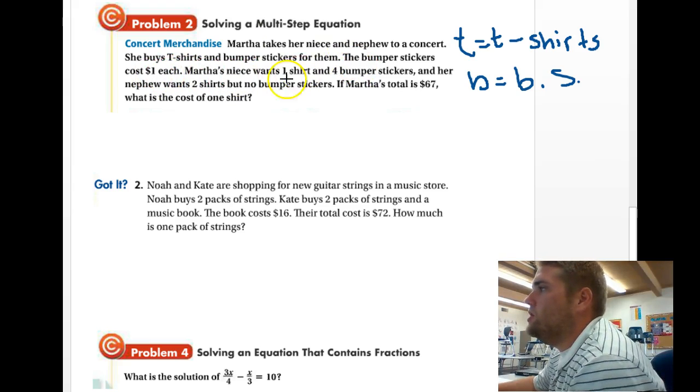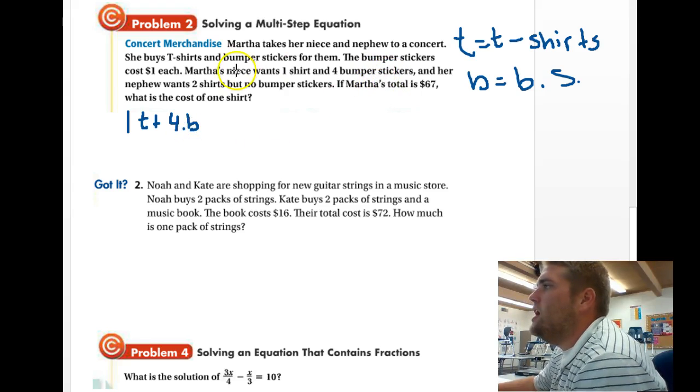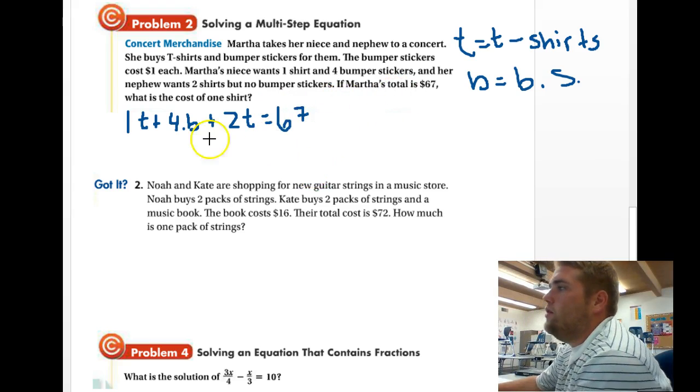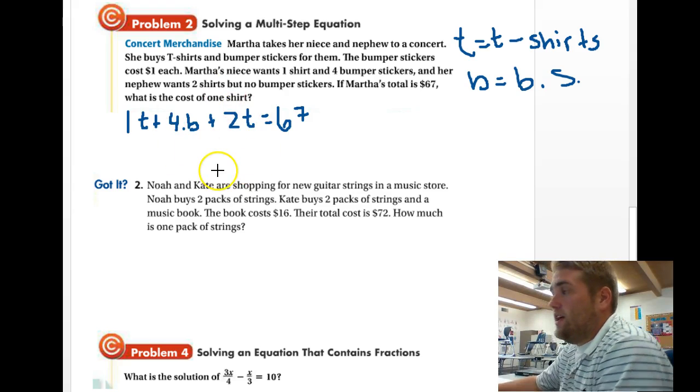Martha's niece wants one t-shirt plus 4 bumper stickers, and her nephew wants 2 t-shirts and no bumper stickers. Martha's total is $67. Now let's add our like terms together.